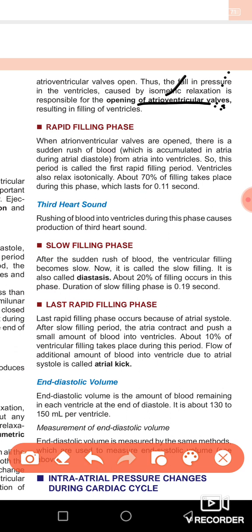Always remember, whenever the valves open, there is no production of sound. Whenever the valves undergo the closure process, sound is produced.